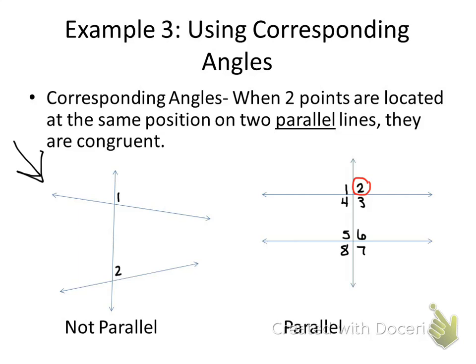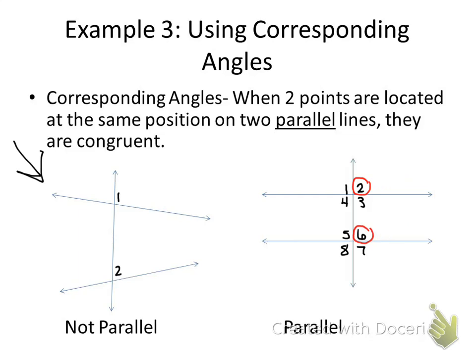So I'm going to look for the same location in the other intersection where the other parallel line intersects. And angle 6 is in the same location. So I would say that angles 2 and 6 are corresponding. What does that mean? That means if angle 2 is 85 degrees, angle 6 will also be 85 degrees. If they're corresponding, they will have the same measure.